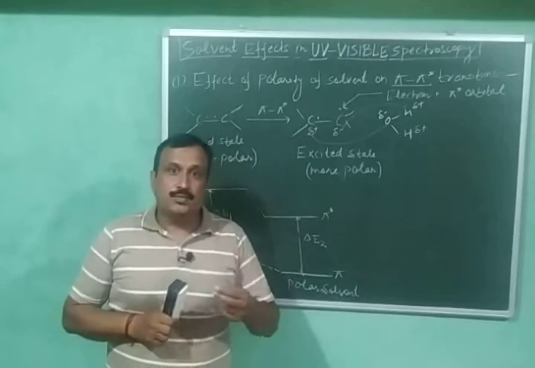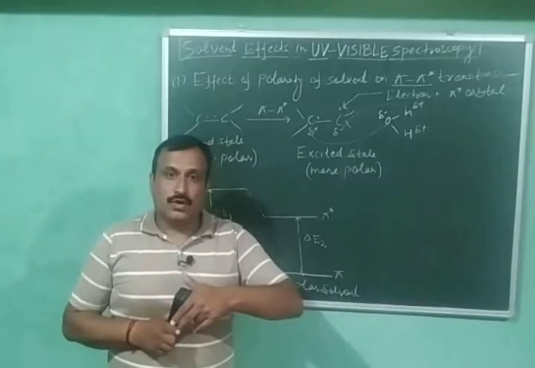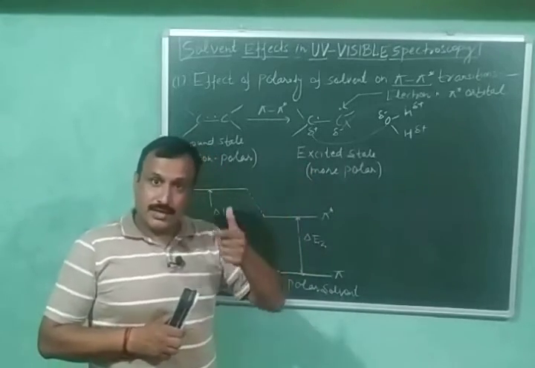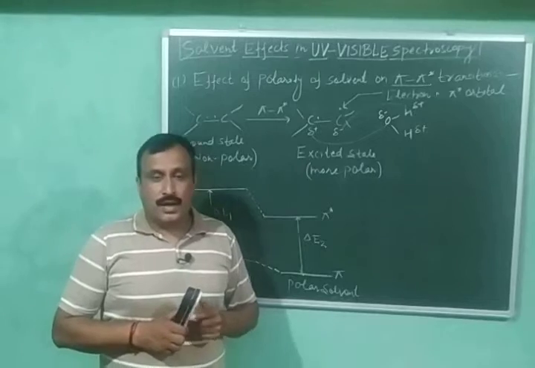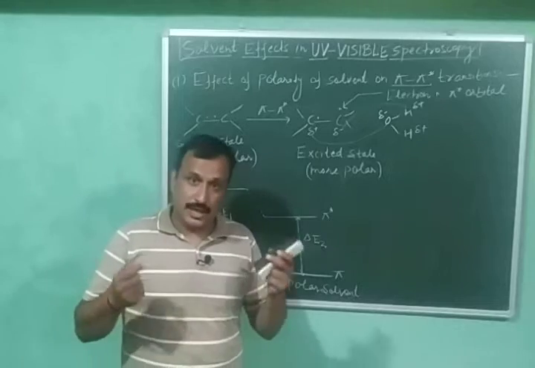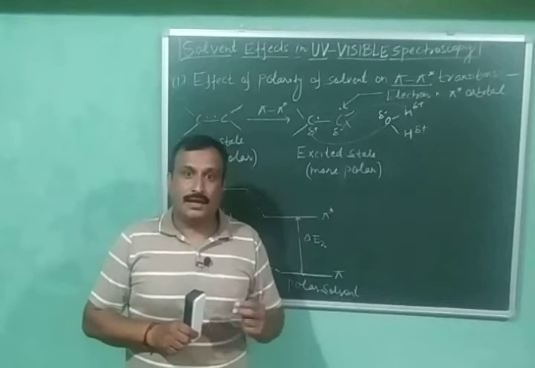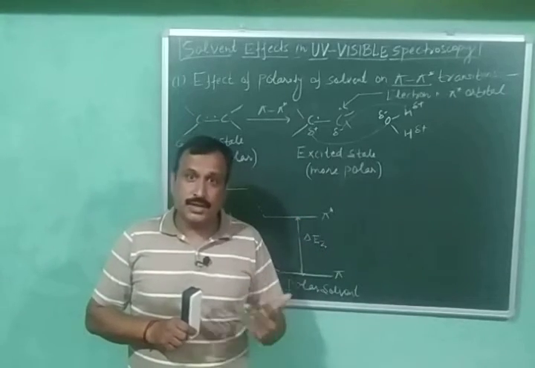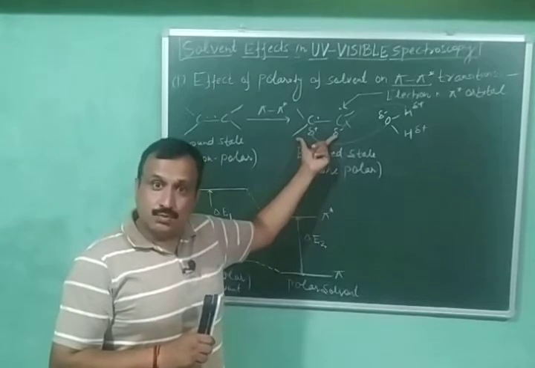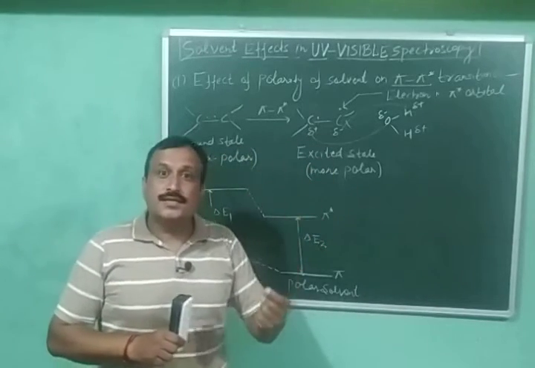This is called dipole-dipole interaction, or sometimes it could be the formation of a hydrogen bond also. So the polar solvent will interact more with the excited state, and any type of interaction, whether dipole-dipole or hydrogen bond, leads to stability and decrease in energy. This means that due to these interactions, the excited state will be stabilized more as compared to the ground state, and the energy of the excited state will fall.